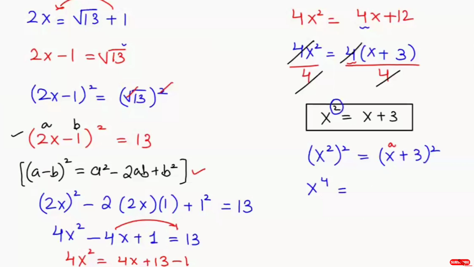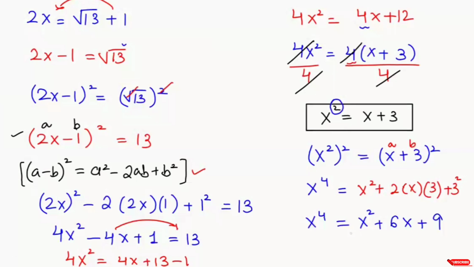This is our a and this is our b value. x squared plus 2 times x times 3 plus 3 to the power of 2. So x to the power of 4 equals x squared plus 6x plus 9. Now in replacement of this x squared, I'm going to plug in this value.